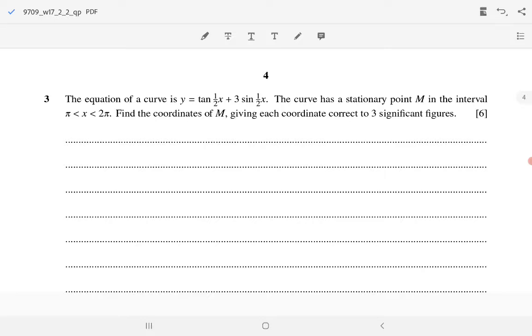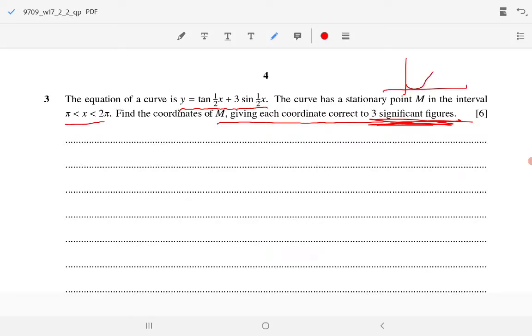The equation of a curve is y equals tan half x plus 3 sine half x. The curve has a stationary point M in the interval like this. Find the coordinates of M, giving each one correct to 3 significant figures. Yeah, so for any curve, a stationary point is where the gradient of the curve is 0.